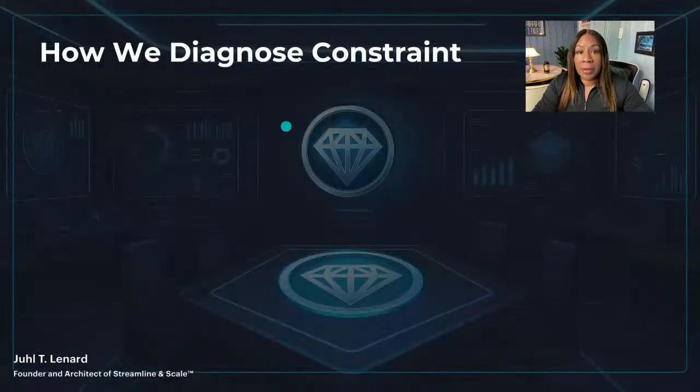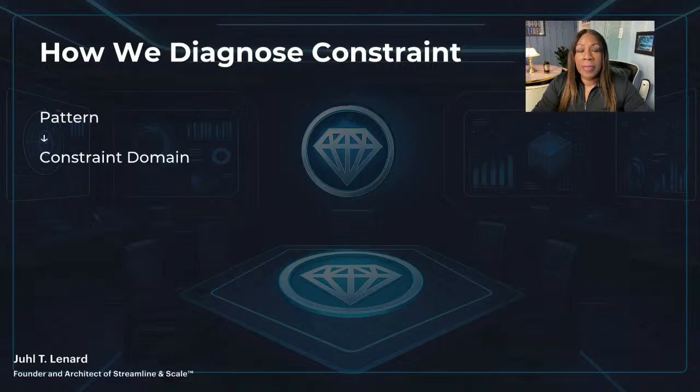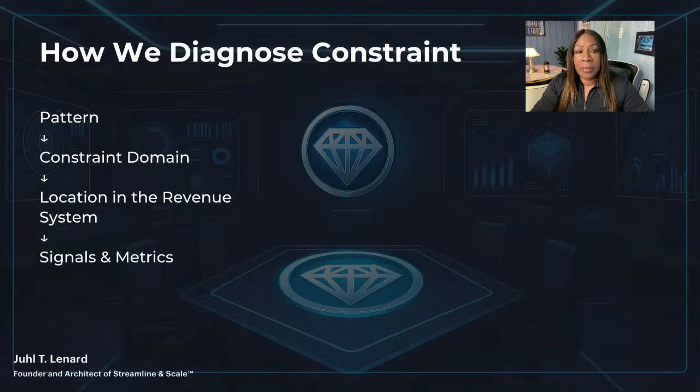The way that we diagnose the constraint is, first we look at the pattern, then we identify, based on the pattern, the constraint domain where the work is located. We locate that work in the revenue system, and then we look at the signals and metrics to confirm our diagnosis of that constraint.